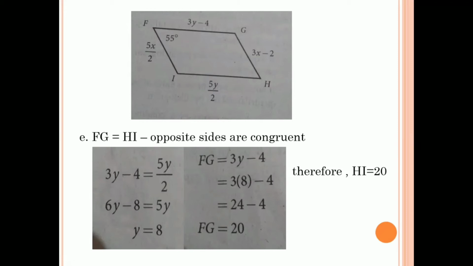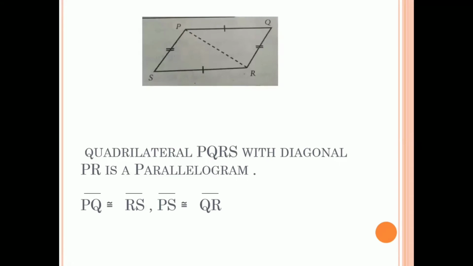Okay, so we have here quadrilateral PQRS with a diagonal. The diagonal is segment PR. So we have here PQ. What is the symbol of this? This is the symbol of a segment or side.